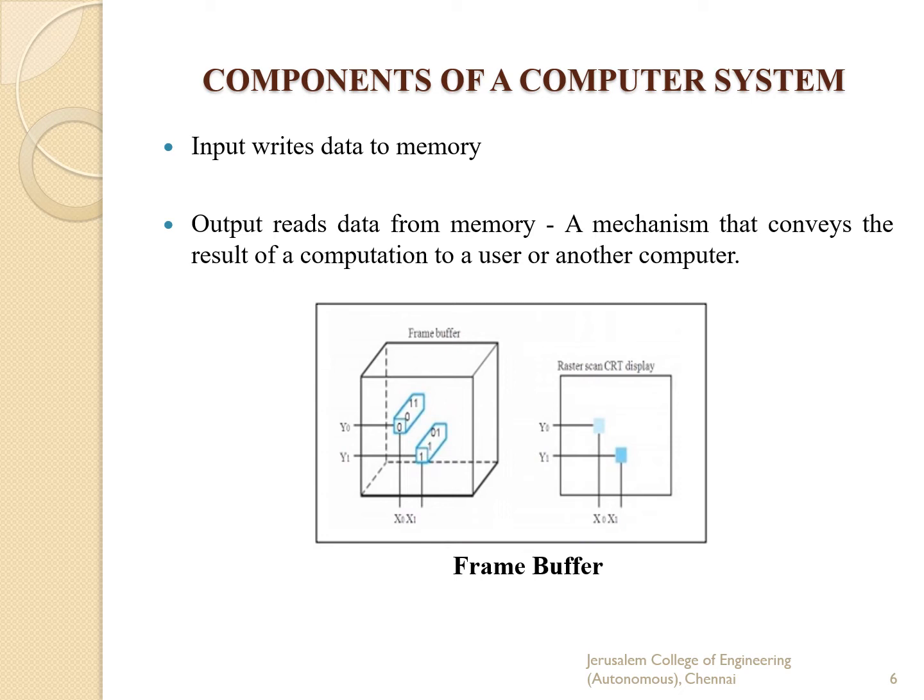Now, when we talk about the output device, it is a mechanism that conveys the result computed by the system. One of the most fascinating output devices is the graphics display.